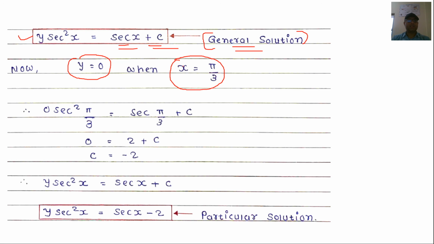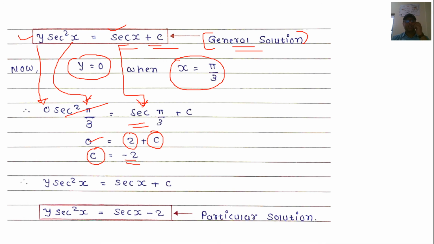To put this condition in the general solution, here y is 0, so put 0, y is 0, sec square x with x as pi by 3, sec pi by 3 plus c. Now this is 0, so 0 equals sec pi by 3, the answer of sec pi by 3 is 2, plus c. So simplifying this, you will get c is equal to minus 2.